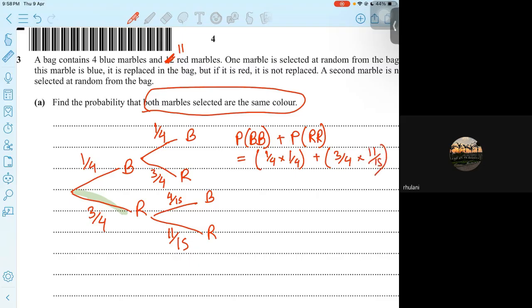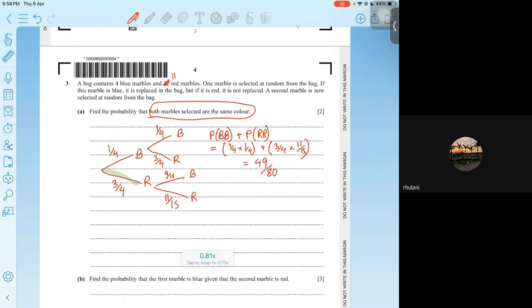Does this work out, right? Any issues with this? Okay, perfect. So I think you should get 49 over 80 if I'm not wrong. Yeah. So let's go to the next question.